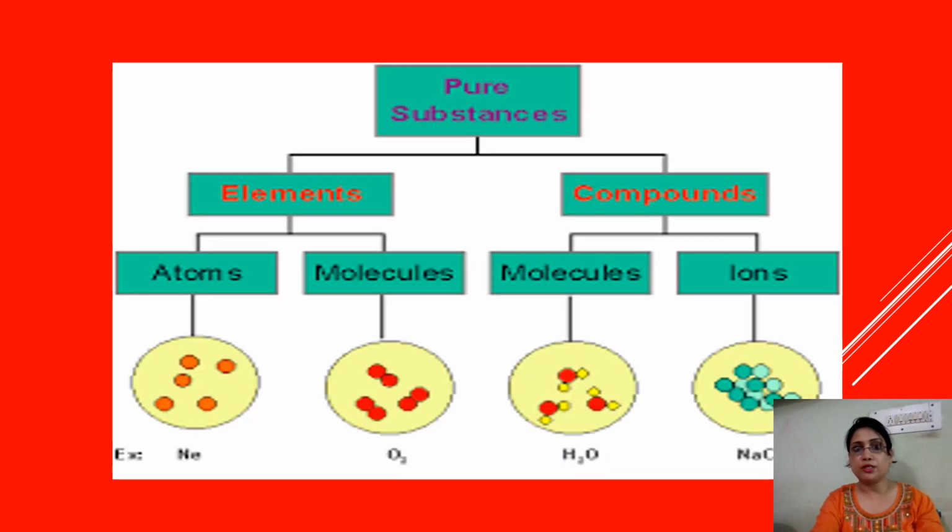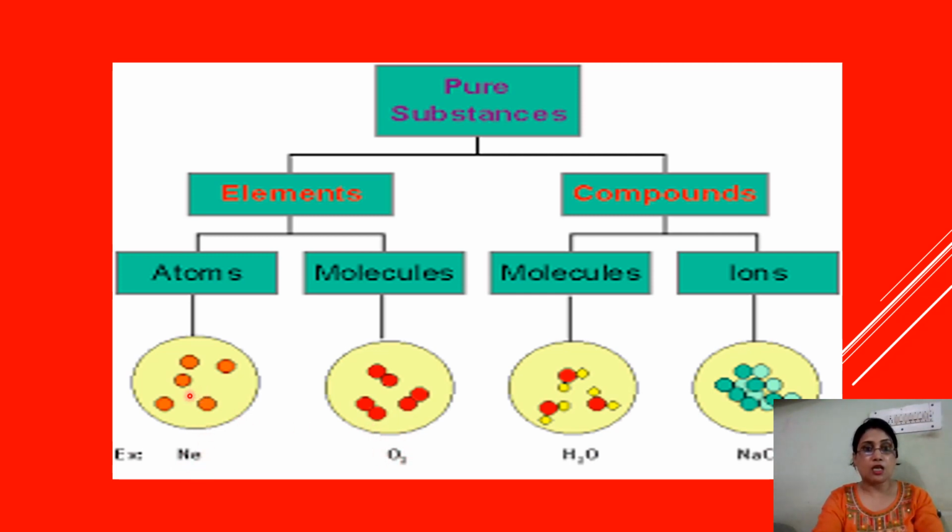Dear students, it is important to understand that pure substance is divided into elements and compounds. Now see here, elements can be atoms or molecules, but here in molecules, we have taken the example of oxygen. Molecules can also be water molecules, that is H2O, but that cannot be an element. You understand this? For atom, we have taken the example of neon, and here it is the example of oxygen.